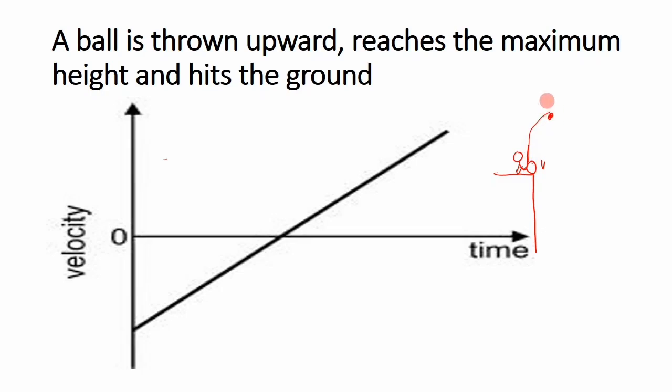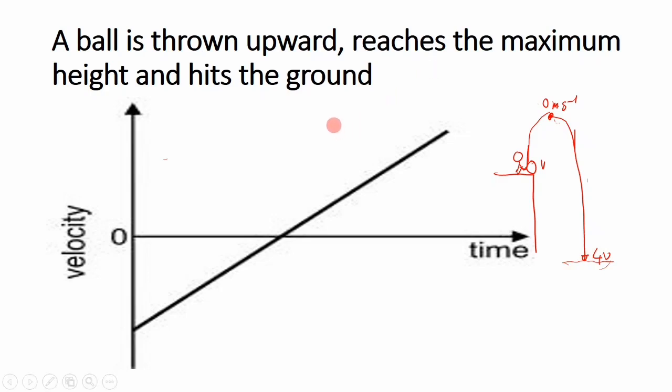So at the maximum height, we know the velocity here will be 0 meters per second, and then it goes all the way down there. Let's say it reaches the ground at a velocity of 4v, so 4 times whatever the velocity that I have here. Because remember, as it goes down, its kinetic energy increases and also its velocity increases.